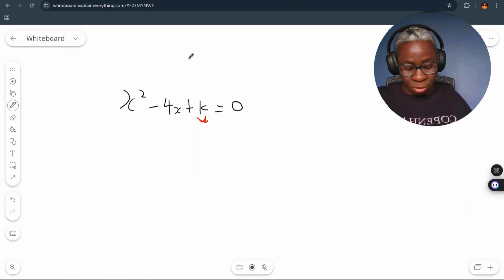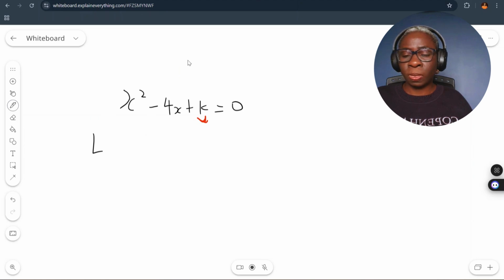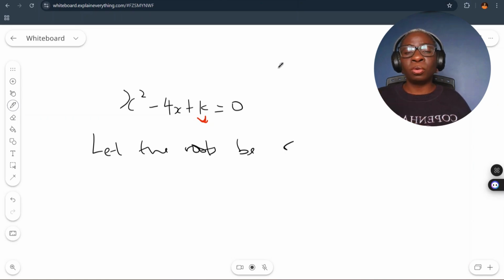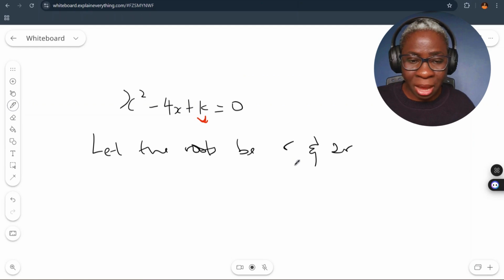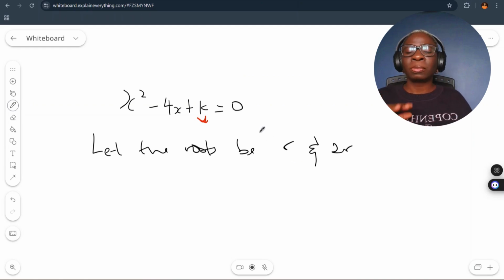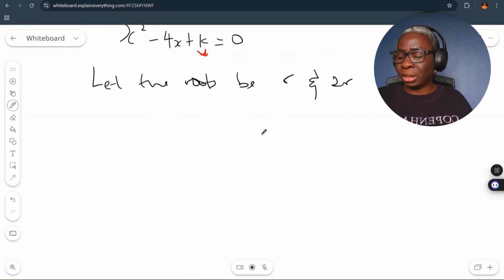Now let the roots be, let's use r. So if one root is r, the second root will be 2r, since it is double the other. So now that we have chosen r as one root and 2r as the second root, don't forget that the sum of roots of a quadratic equation is -b/a, and the product of roots is c/a.